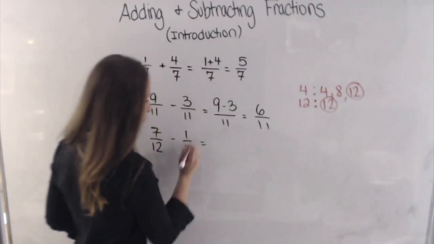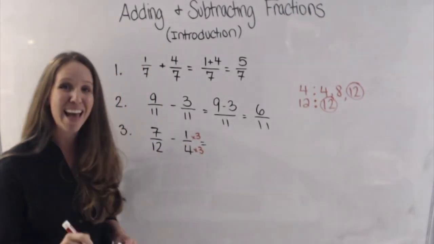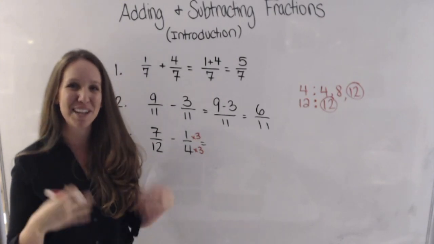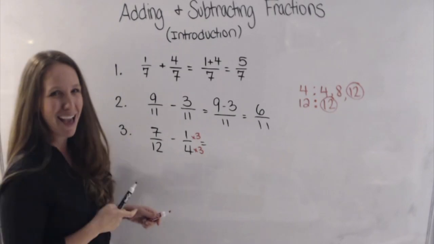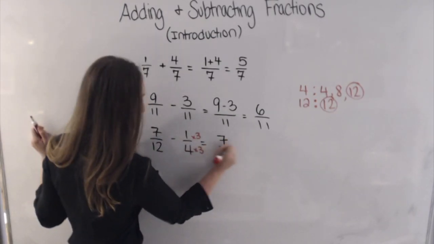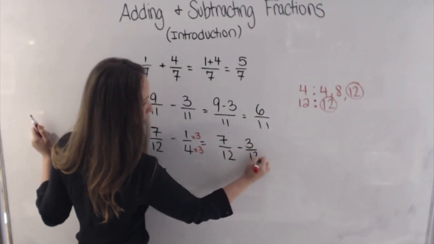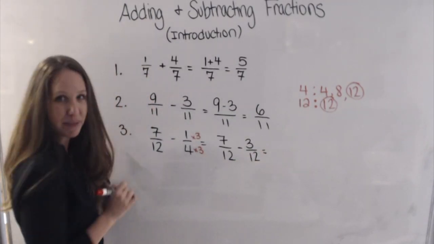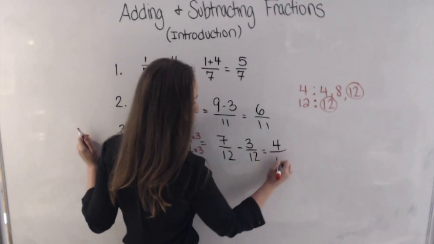So we know we need to multiply by 3 on the top and the bottom, and that would give us a common denominator. It's not just for comparing fractions, but we need it also to add and subtract. So we have 7 over 12 minus 3 over 12, and that gives me 7 minus 3, which is 4 over 12.